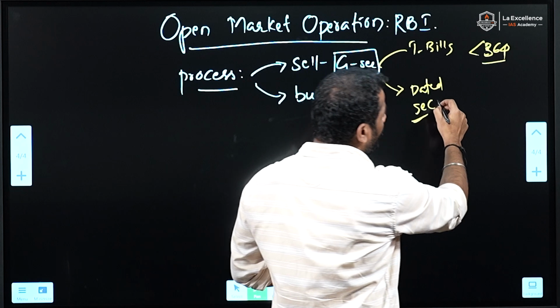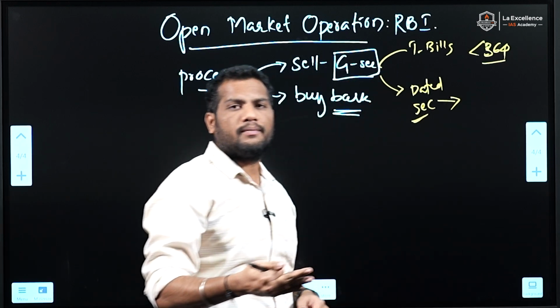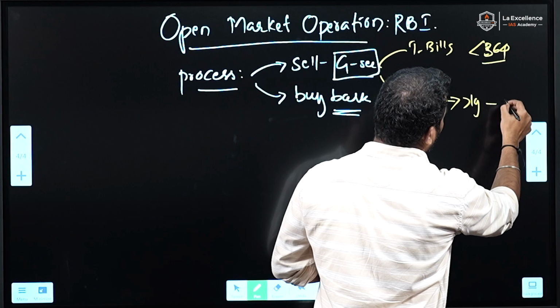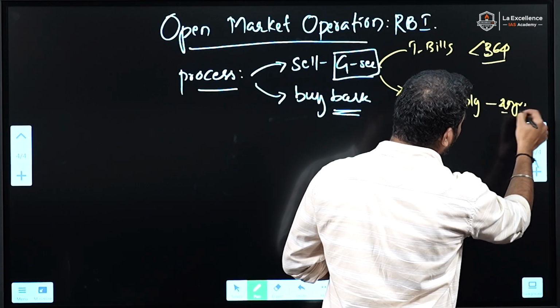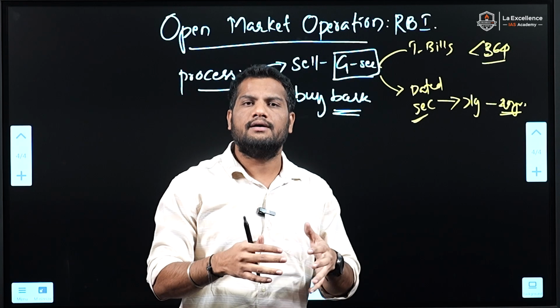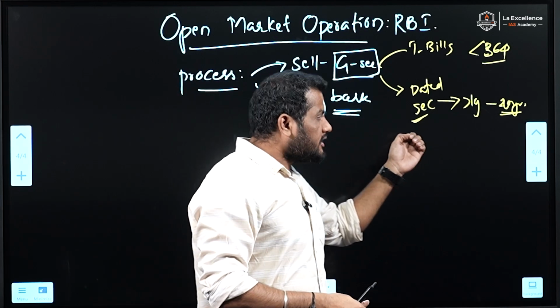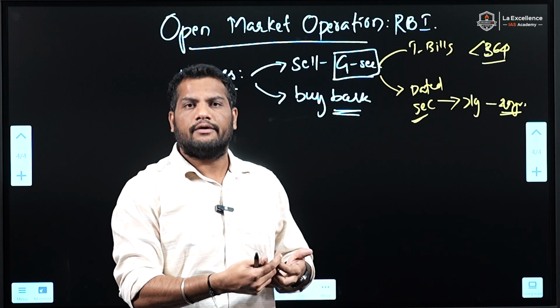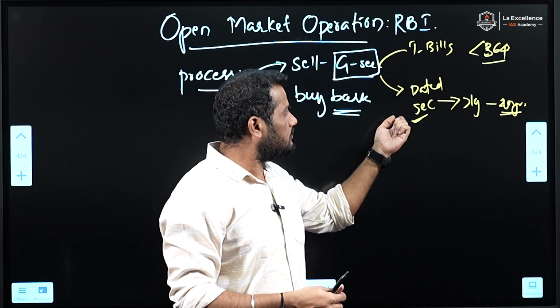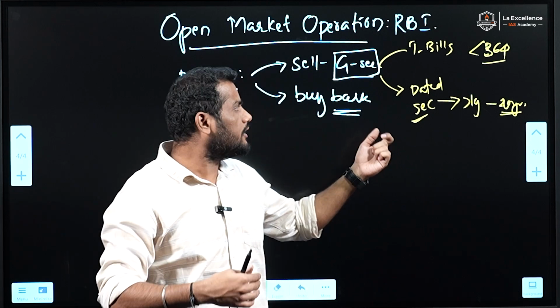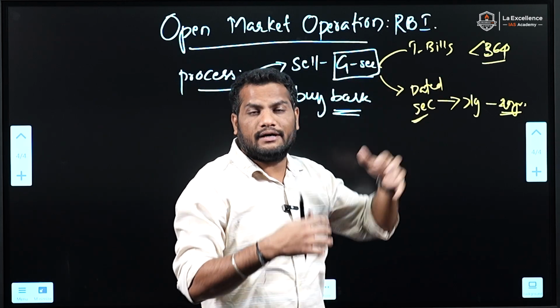Dated securities are long-term securities issued by the Indian government for more than 1 year, up to 40 years. Dated securities are issued for long-term borrowing by the Indian government, while T bills are short-term borrowing.